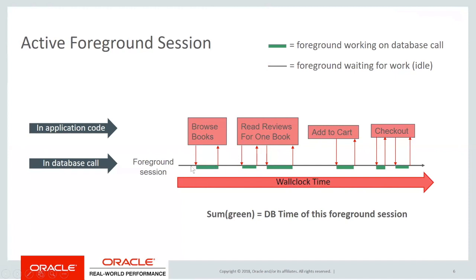When this foreground session is not servicing a SQL or a stored procedure or what have you, a database call, so that's the black bits of this arrow, no database time is accumulating in this foreground session. So the sum of the green bits is the database time of this foreground session. It's basically just counting the time spent inside the database in a database call being serviced by this database session.